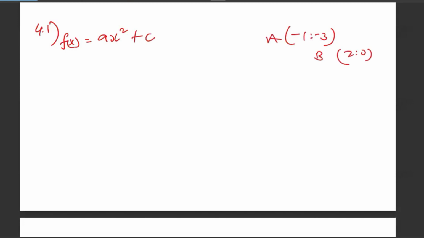So let's substitute. We know that this f of x is the same as y, ax squared plus c. So if I use point A, I'll have -3 is equivalent to a into -1 squared plus c.